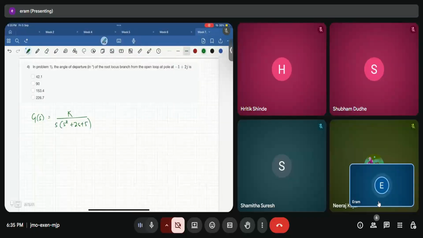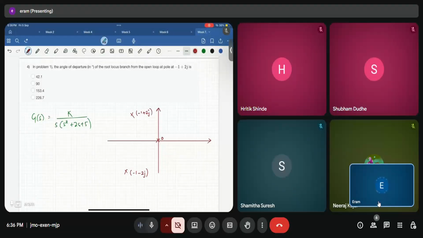You have to calculate the angle of departure of the root locus from the open loop pole at -1 plus 2j. We had poles at these three locations: -1 plus 2j, -1 minus 2j, and this point was 0.